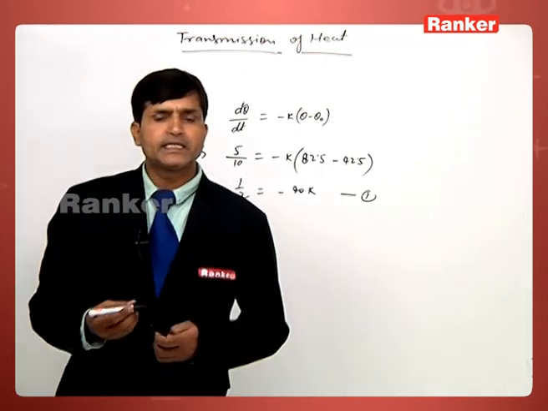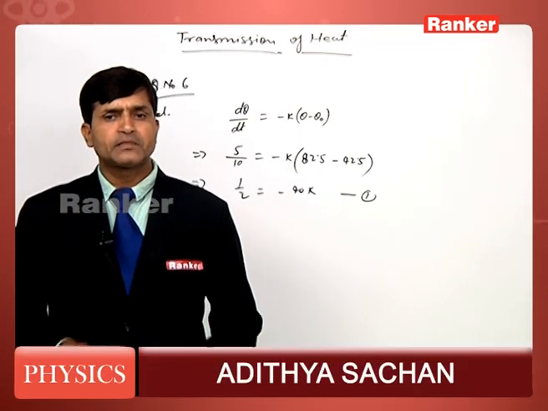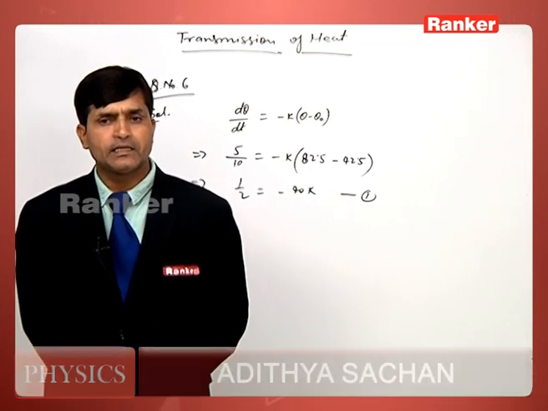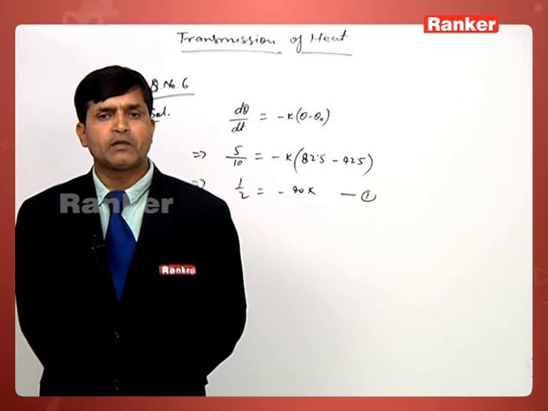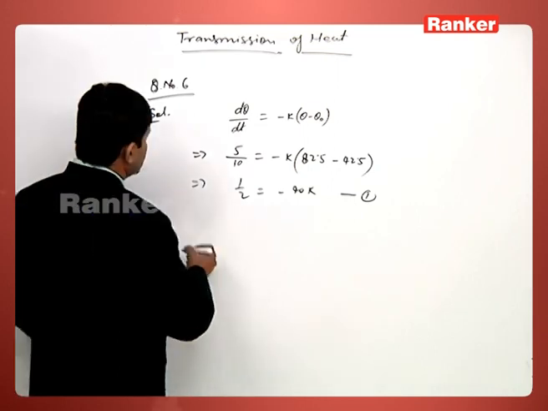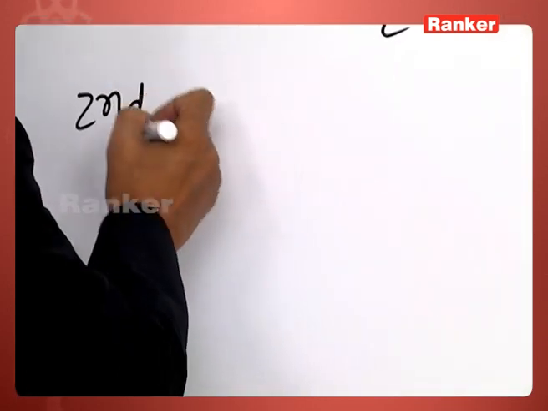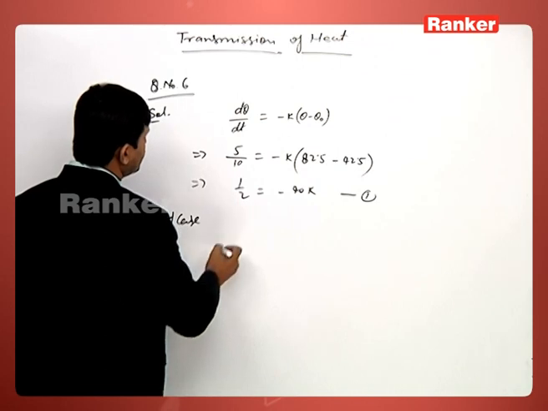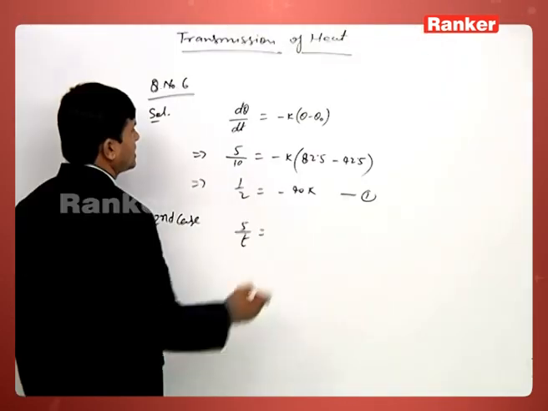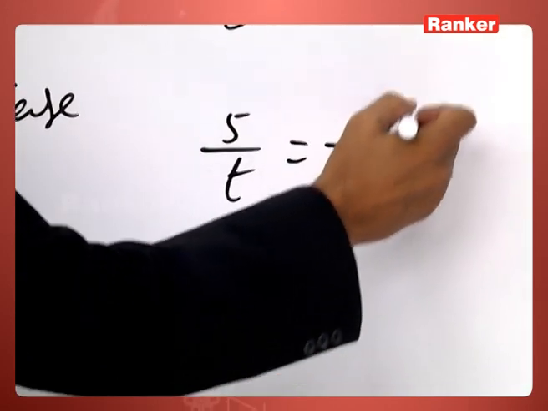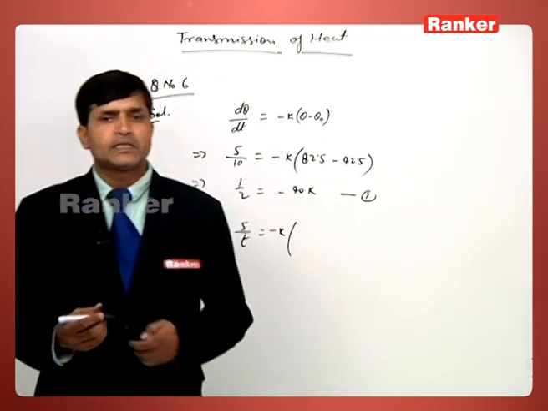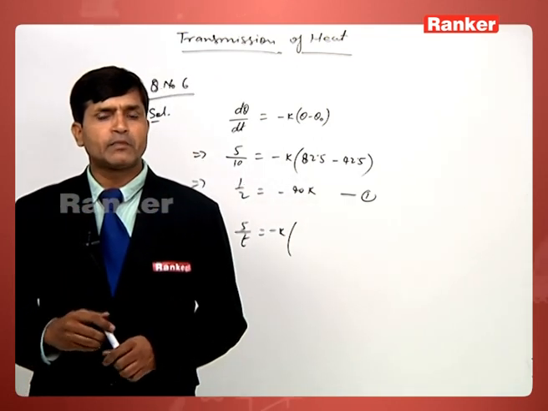In the second case, they are saying find the time taken by the body to register a 5 degree fall in temperature when the average temperature of the body is 48 degrees Celsius above its surrounding. So now in the second case, 5 degree fall in temperature, 5 in time t, and the value of k. Now theta minus theta naught is 48 degrees.